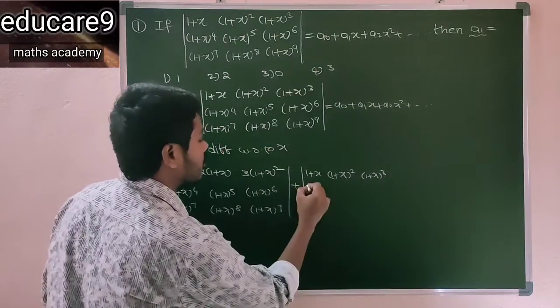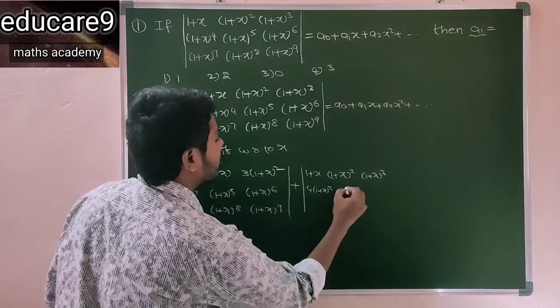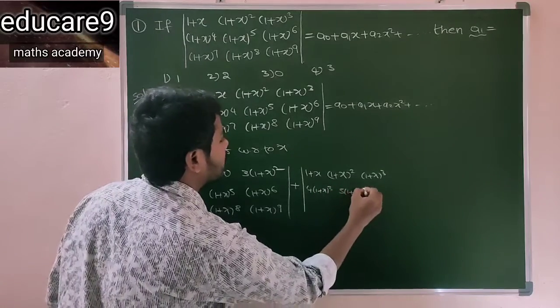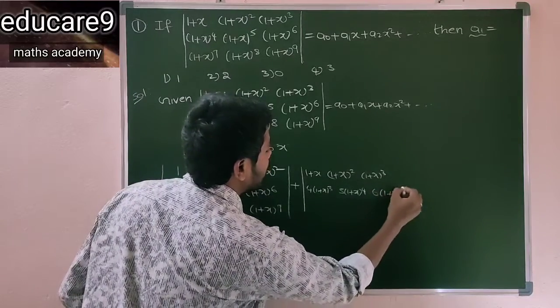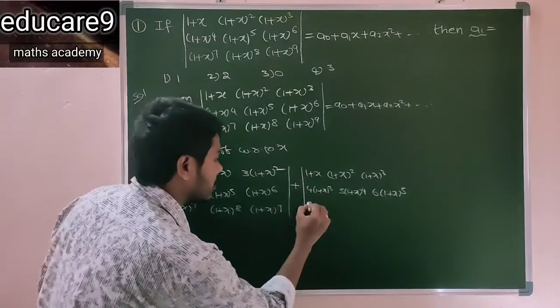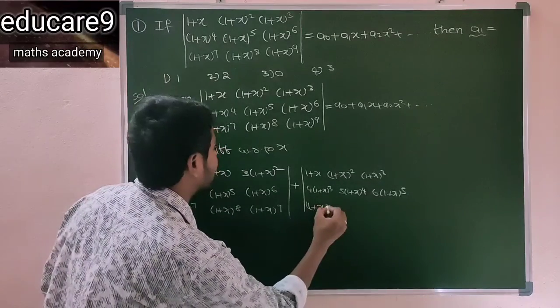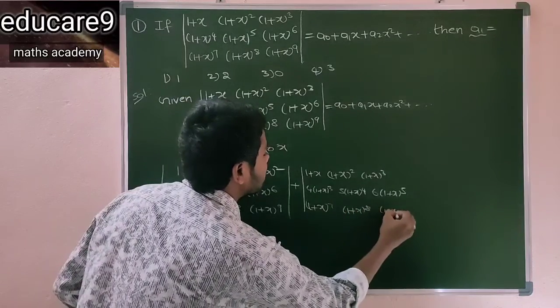The second row is 4 into 1 plus x whole to the power of 3, 5 into 1 plus x whole to the power of 4, 6 into 1 plus x whole to the power of 5, and the third row as is, that is 1 plus x whole to the power of 7, 1 plus x whole to the power of 8, 1 plus x whole to the power of 9.